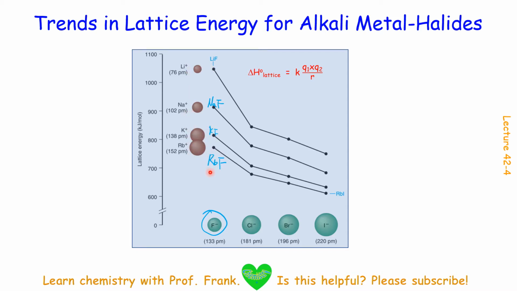As we already learned previously, cation size in the same group increases from top to bottom. Therefore, the R values for those 4 compounds also increase from top to bottom. But as we can see right here, the lattice energy is inversely proportional to the R value.